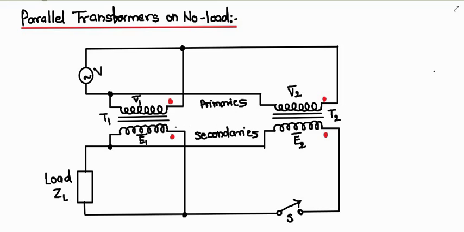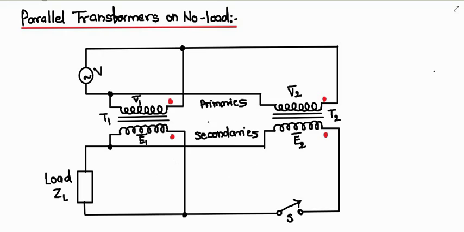If the voltage ratios of the transformers are not equal, then the induced secondary voltages E1 and E2 will not be equal, and the difference E1 minus E2 will appear across this switch S. When I close the switch, due to the difference of E1 and E2, a circulating current will start flowing.